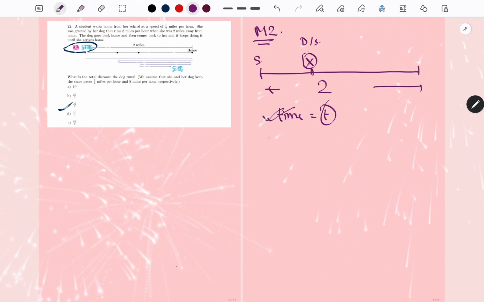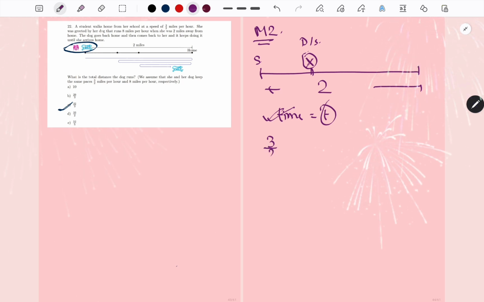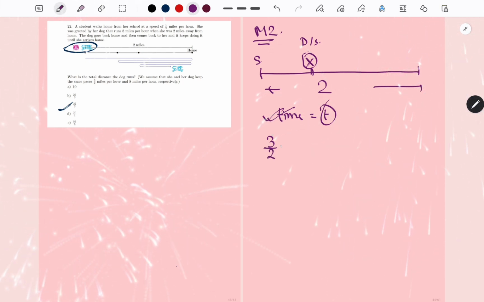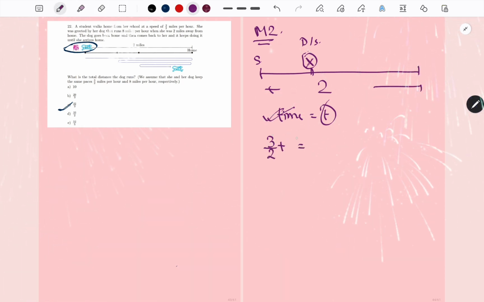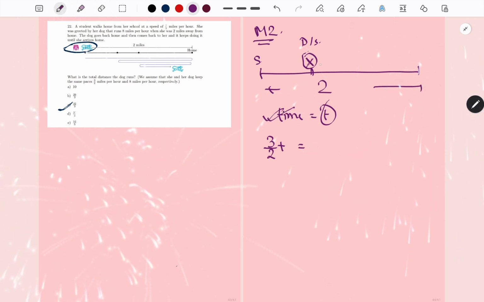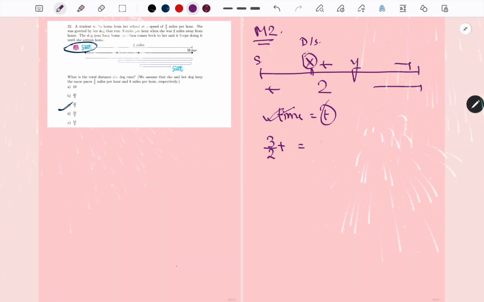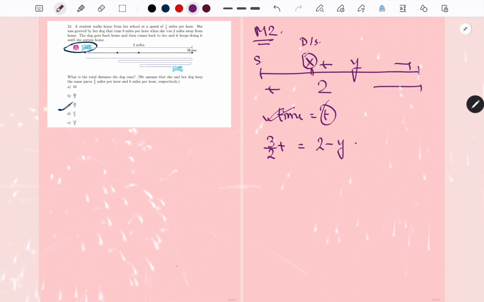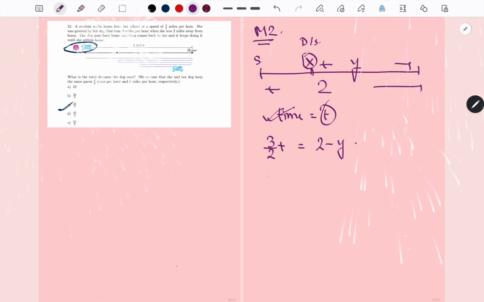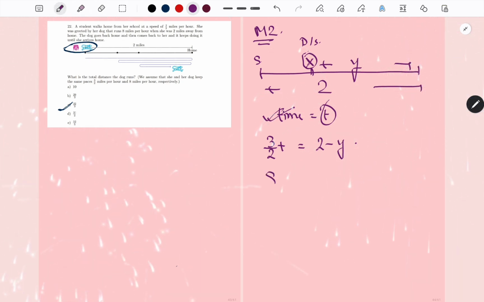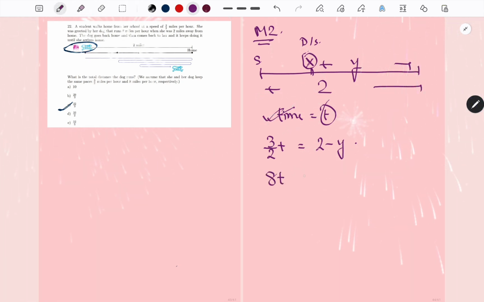In this time t, the student walks at 3 by 2 miles per hour, so the distance traveled is 3 by 2 t, and let's suppose this distance is y, so this will be equal to 2 minus y. Again, for the dog, it travels at 8 miles per hour, so in time t it will go a distance of 8t. This value will be equal to the total distance traveled, 2 plus y.